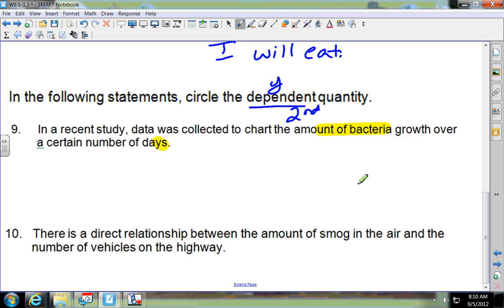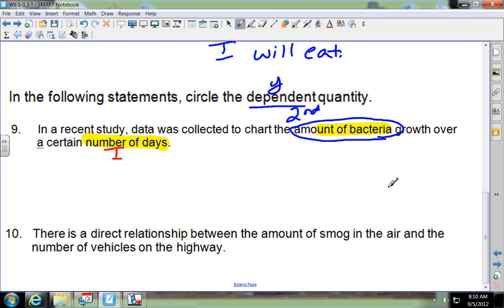So on day one, I've got a petri dish with 10 of bacteria. What has to happen now? The days have to happen. That time has to go on. So the number of days is the independent. It wants us to circle the dependent. It's the amount of bacteria growth.